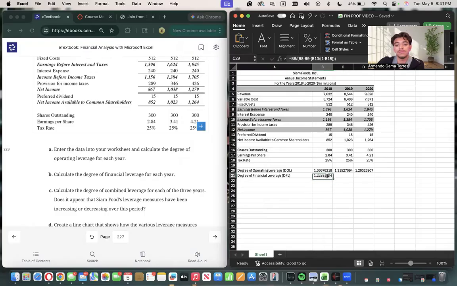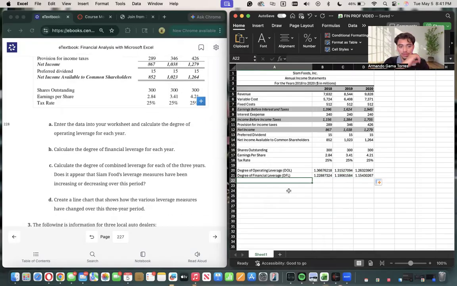There we go. I had messed up the parentheses. Drag that on over. So again, we have EBIT over the EBIT minus the interest expense minus preferred dividend over one minus the tax rate, which gives us the DFL.